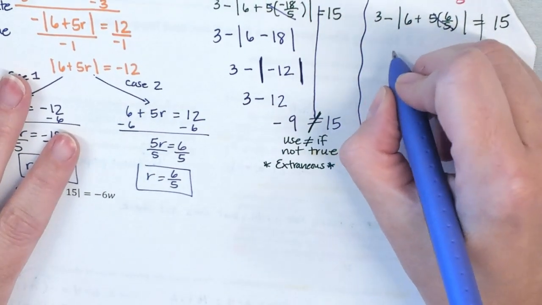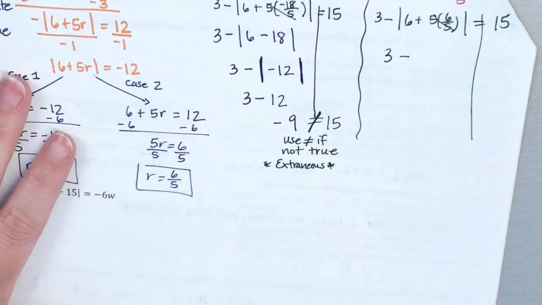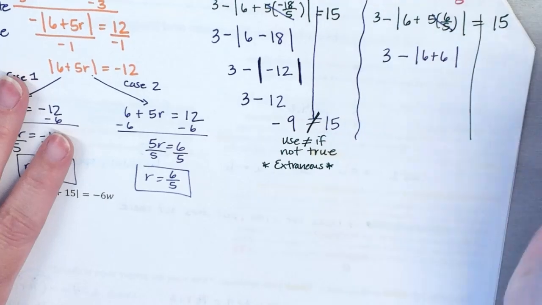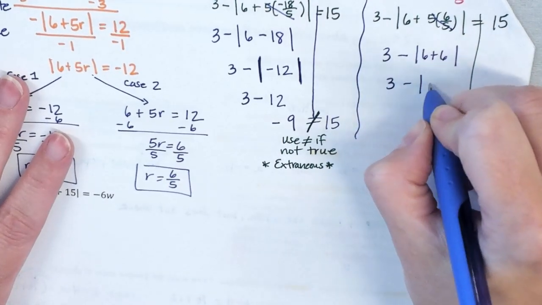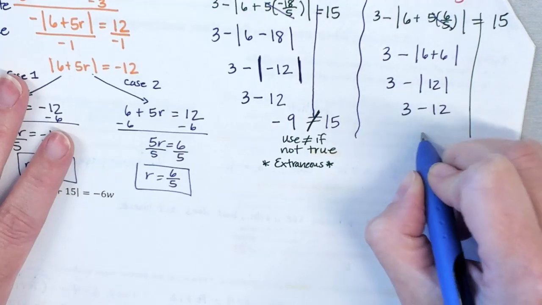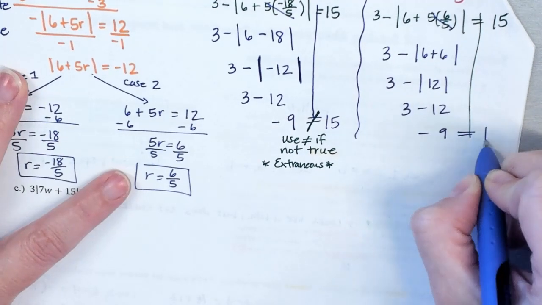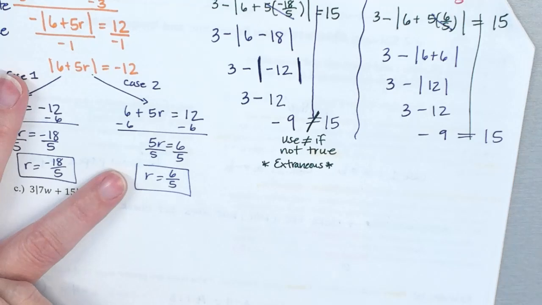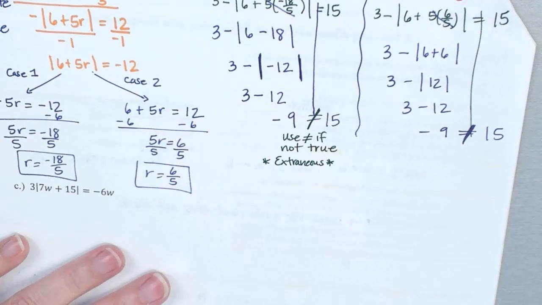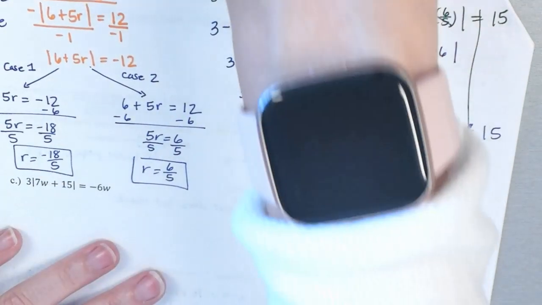So inside you get 3 minus, and then you have 6 plus 6, which is 12. 3 minus 12 is negative 9. This should feel very familiar. And again, it's not true, so it's another extraneous solution.